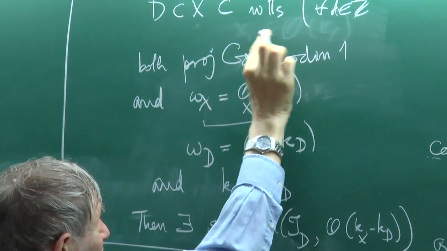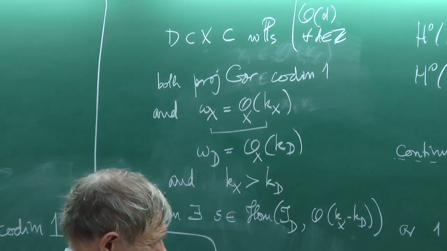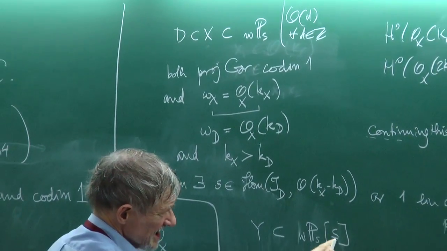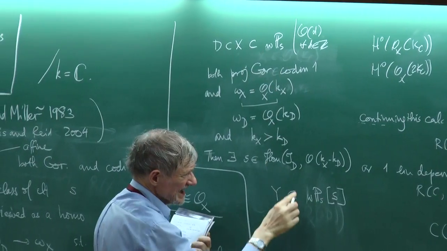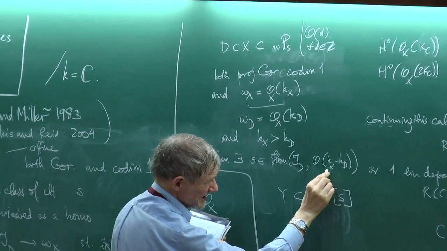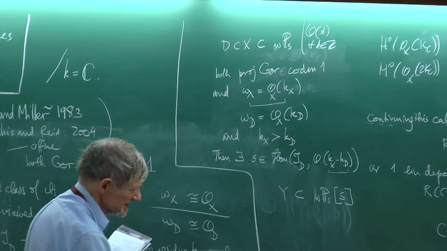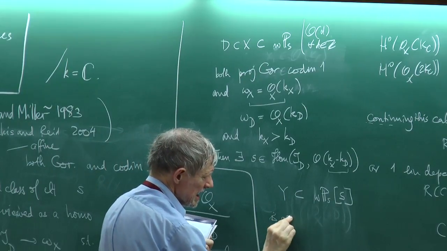This one is x1 up to xn, and this one is x1 up to xn and S. The x's had their weighted degrees, and here S has this weighted degree KX minus KD, and is again projectively Gorenstein.